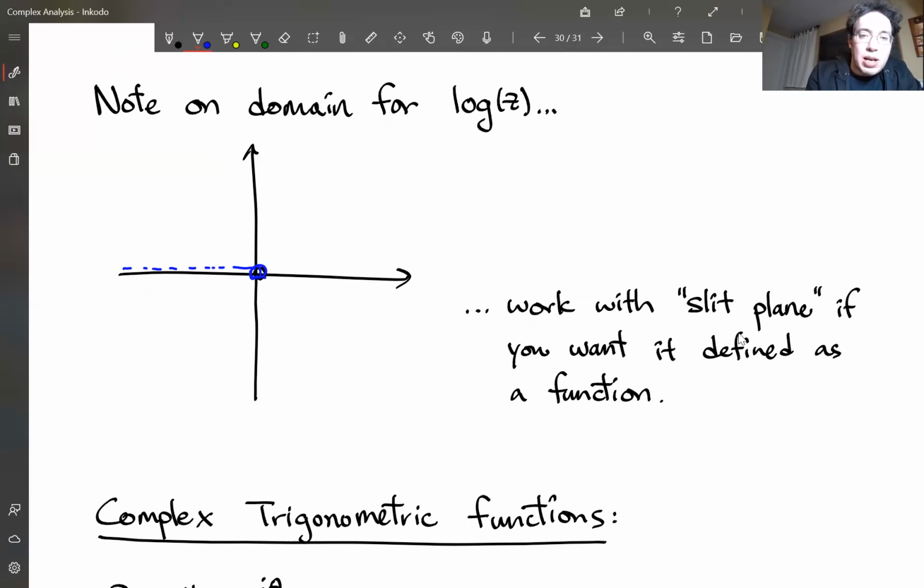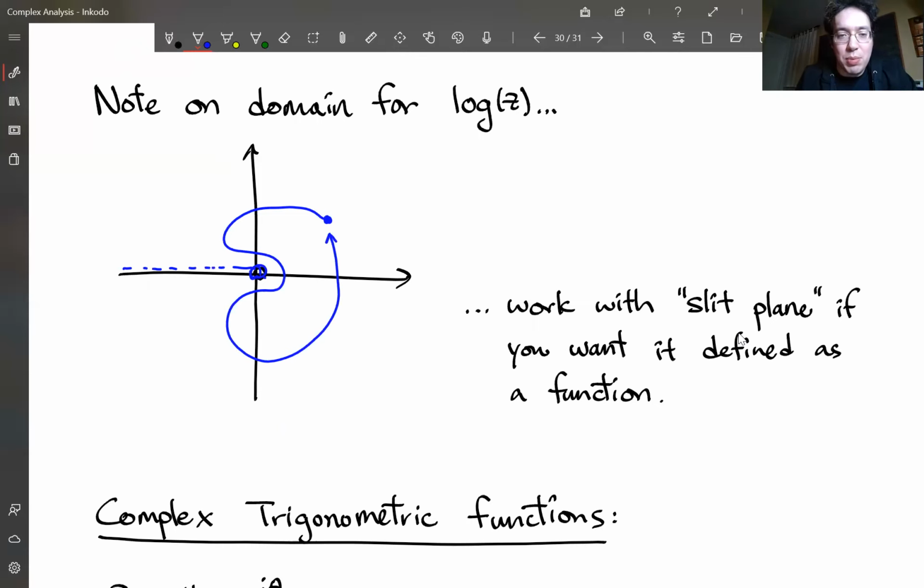And then there's no way to wrap around the origin and increase the argument by 2 pi when you continuously change the number around. So you can have a genuine continuous and also differentiable function just fine, as long as you work with the complex plane where one slit is cut out from the origin off to infinity.